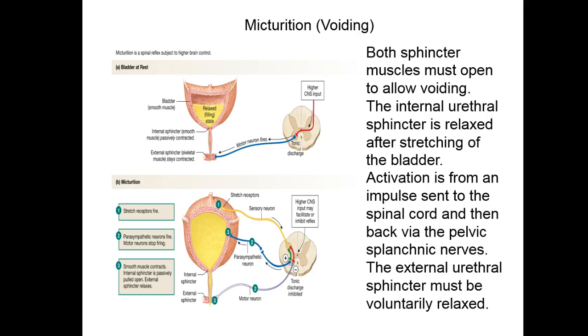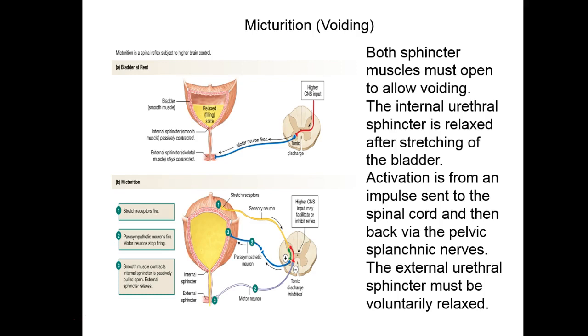But that will also send an impulse to the central nervous system, the brain, specifically to the thalamus and the cortex, and that's going to be recorded by your brain, meaning your brain's going to keep an eye on it. If you have a place where you can void, then the CNS is going to send an impulse to your external sphincter, and your external sphincter is going to allow the urine to be expelled.